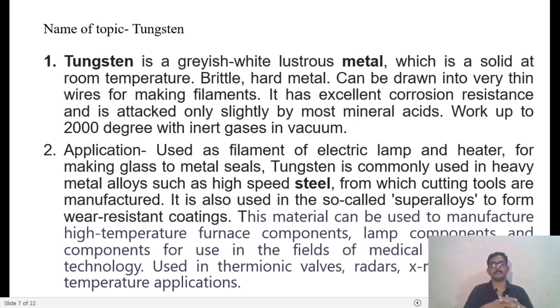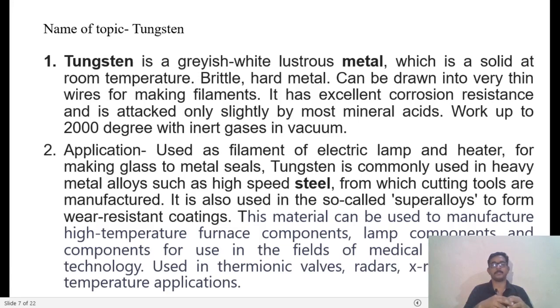In the early days, Mr. Edison started his company for making lamps, and at that time he used this tungsten filament as a material which emits heat.